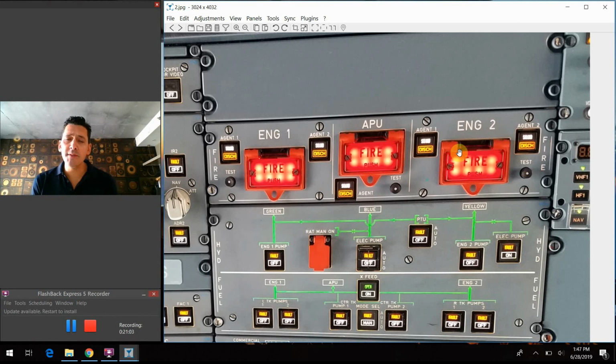If a fire is detected on the ground, as opposed to when you're airborne, the APU will do an auto shutdown of itself and take itself out of the loop if it senses a fire in the system. By contrast, when you're airborne, it'll shut the APU down, but it will not.